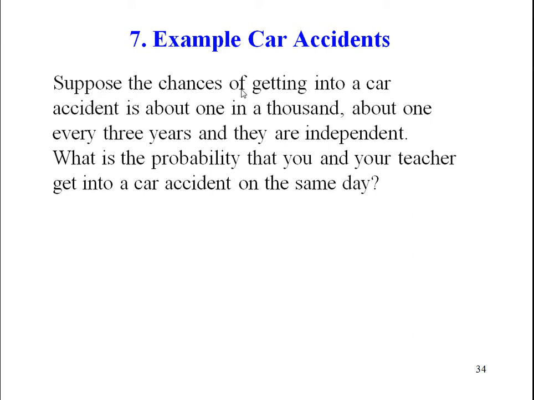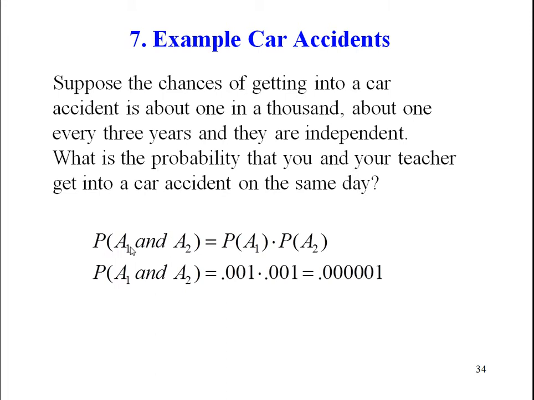Car accidents. Suppose that the chance of getting into a car accident is about 1 in 1,000, maybe about 1 in every 3 years, and they are independent. What's the probability that you and your teacher get into a car accident on the same day? Well, pretty low, right? It'd be the probability of the accident for one person and the accident for the other person.